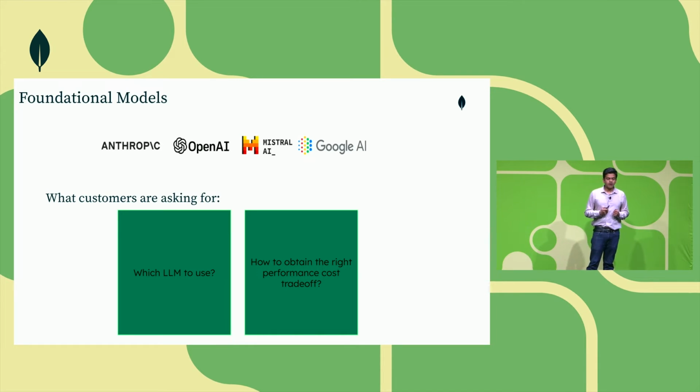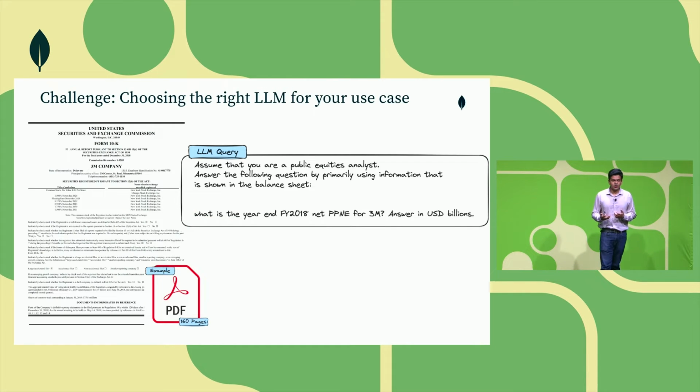But what are the big questions that our customers are asking? One is which LLM to choose. And the second is how do I obtain the right performance-cost trade-off that is inherent there. To dive into that, let's go back to the example which we started off with, where we want to put together a Q&A powered by RAG on this data set from 3M, on what is the year-end FY 2018 PP&E.